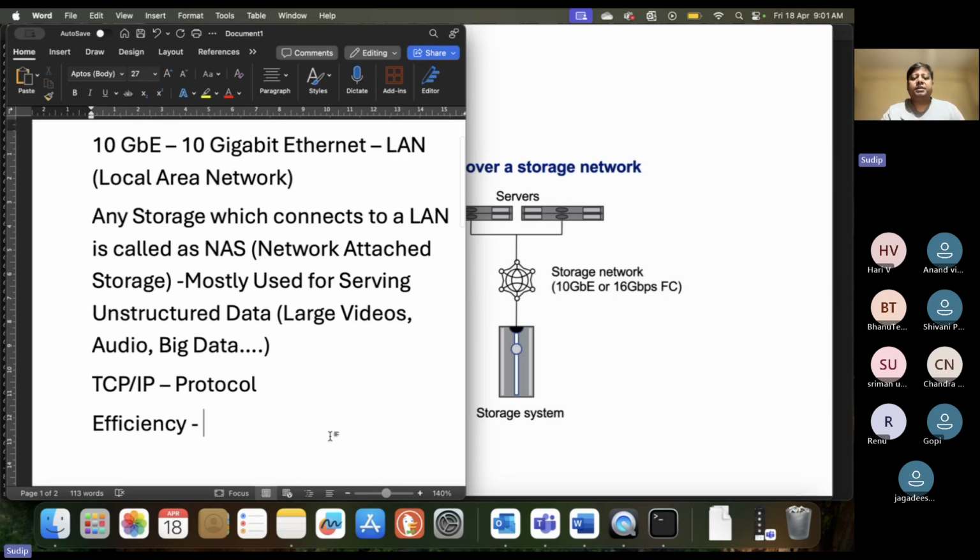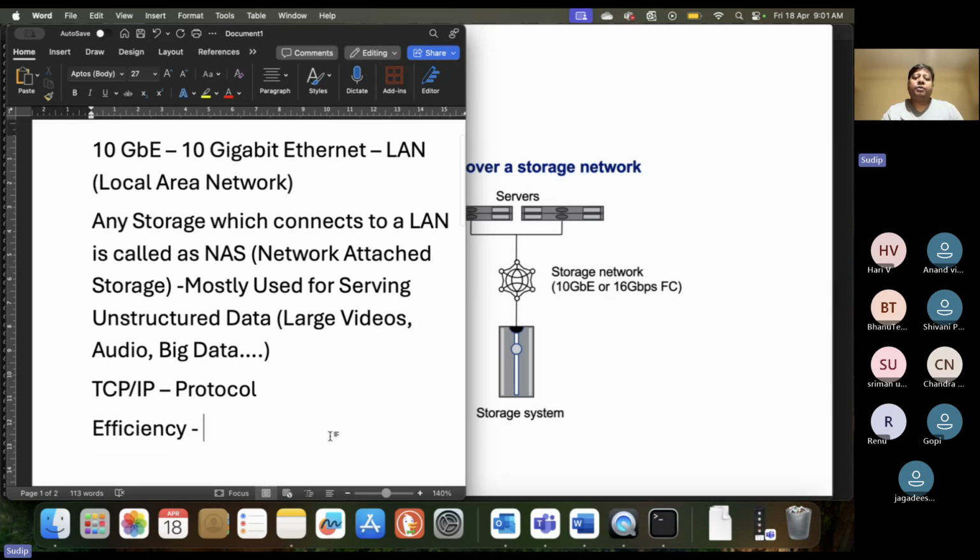Efficiency means how effective that protocol is in transferring the data. So, for example, if I have a 1 gigabit physical Ethernet cable, then can I actually transfer 1 gigabit per second? The answer is no, you can't.